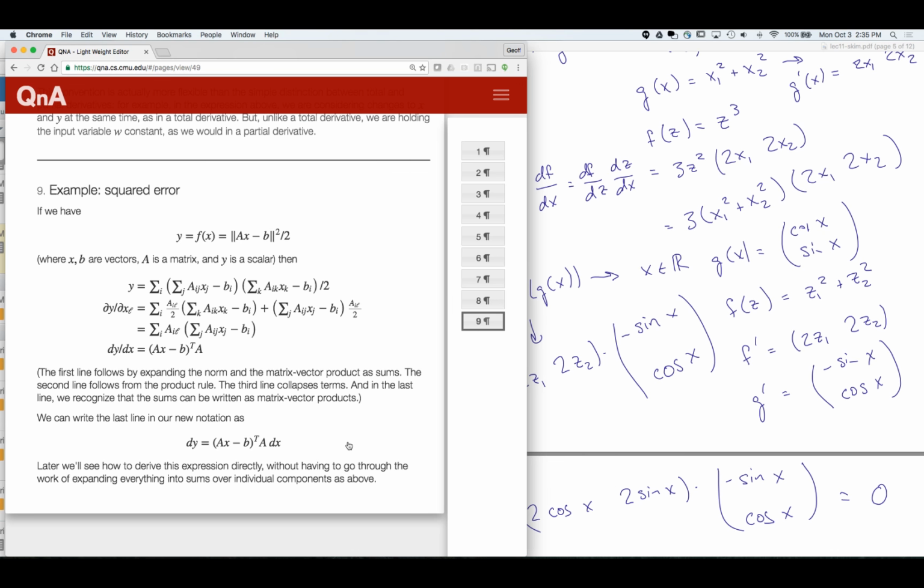And of course, this expression is pretty simple, and so as we start to go to more and more complicated expressions, this sort of derivation where we do it component-wise would get more and more painful, and so we'll be more and more glad to be able to work directly with the differentials.